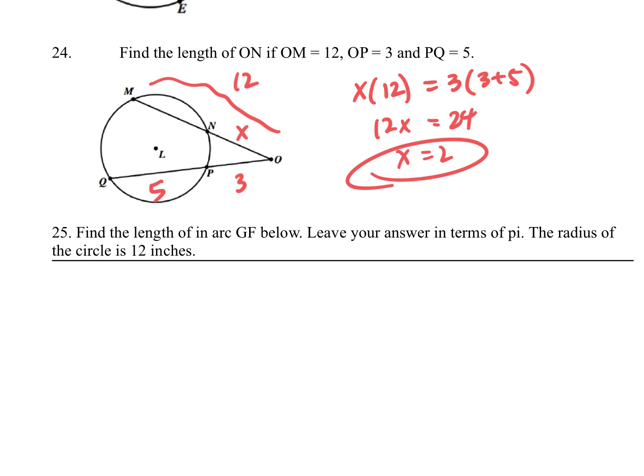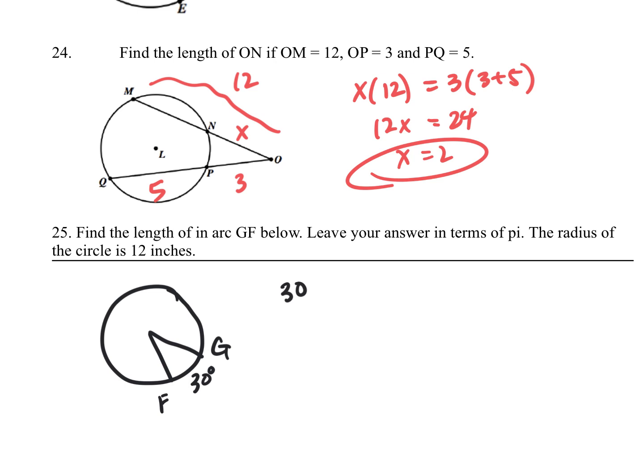Our next one's missing the picture. The picture is on the next page. So the picture looks like this and like this. G, F, 30 degrees. And we want to find the length of arc GF.